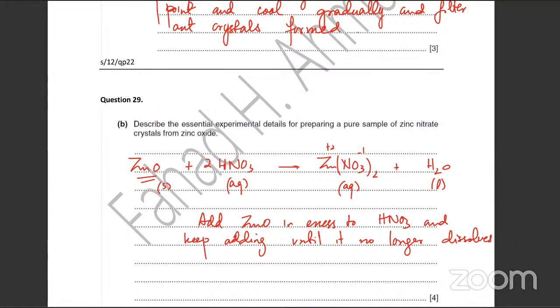Until it no longer dissolves, filter out the excess ZnO. And evaporate the remaining solution to saturation point.